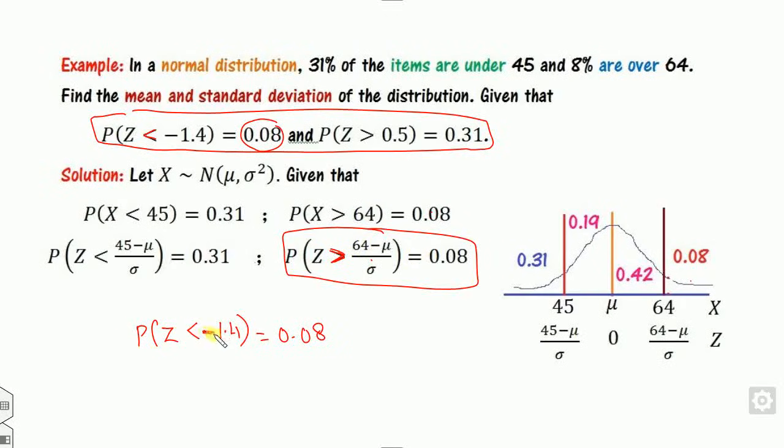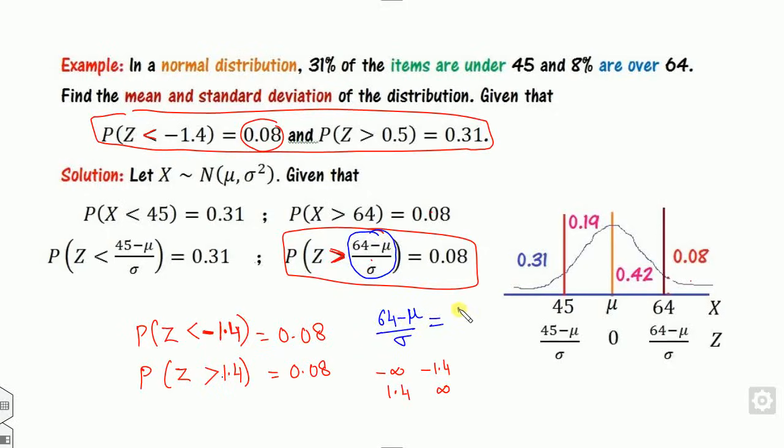So how do you convert this to a greater than sign? You can take the opposite of this. So look at this number is here. What is the opposite? It is 1.4 to infinity. So I can write this as 1.4. So what is the meaning of this? You can compare them. So it means 64 minus mu by sigma is nothing but my 1.4.